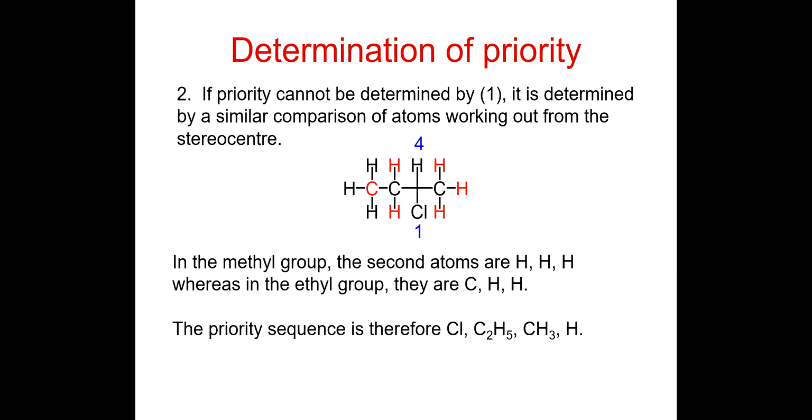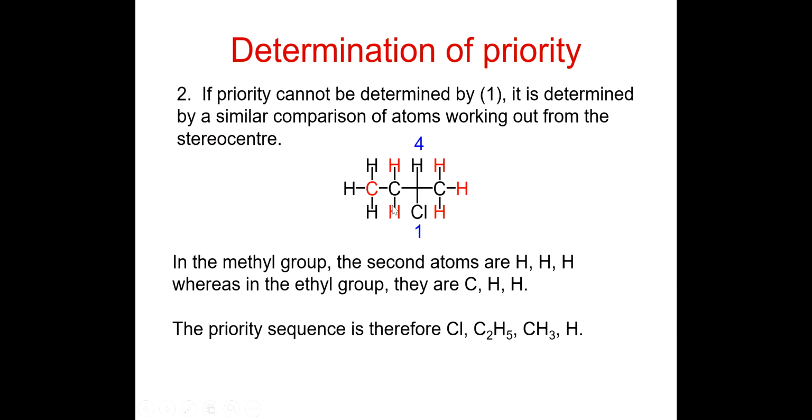So in order to do so, let's compare the methyl and ethyl groups. For the methyl group, the atoms connected to the first carbon are hydrogen, hydrogen, and hydrogen. All three are hydrogen. But for the ethyl group, the atoms connected to the first carbon are hydrogen, carbon, and hydrogen. So there is one carbon and two hydrogens.